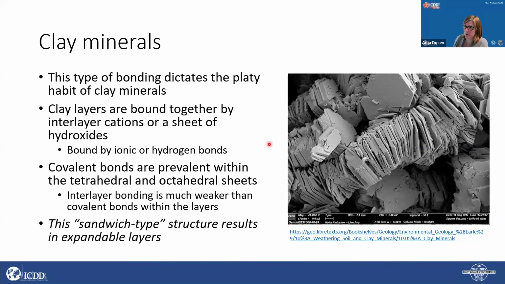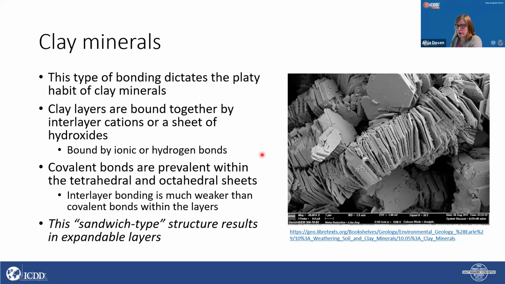Clay layers are bound together by the sheet of hydroxides. That is the interlayer spacing. Those are bound by ionic or hydrogen bonds, whereas the clay layers are bound together by covalent bonds. So as you can imagine, these are much stronger.